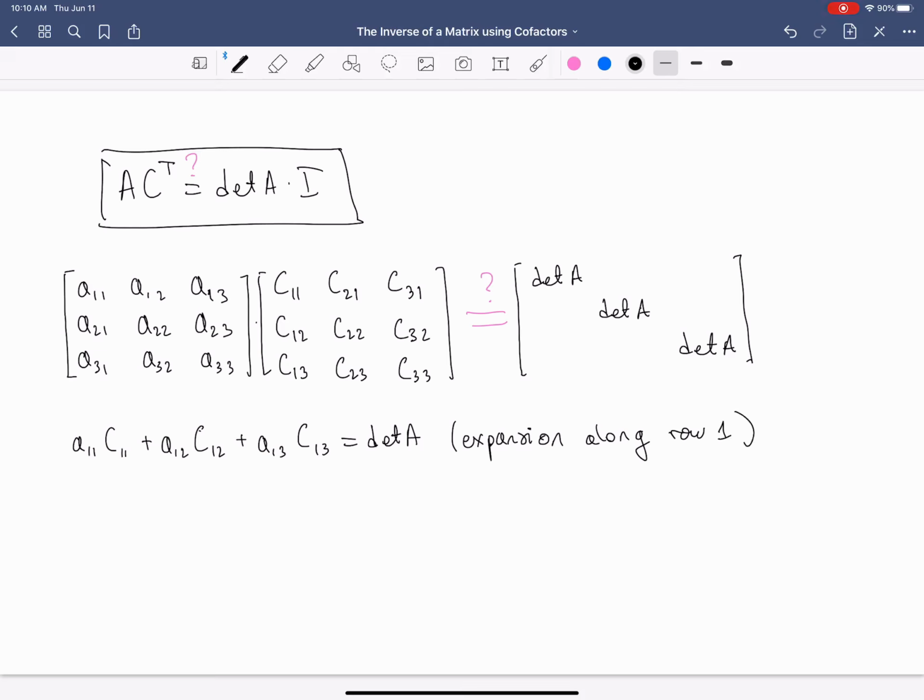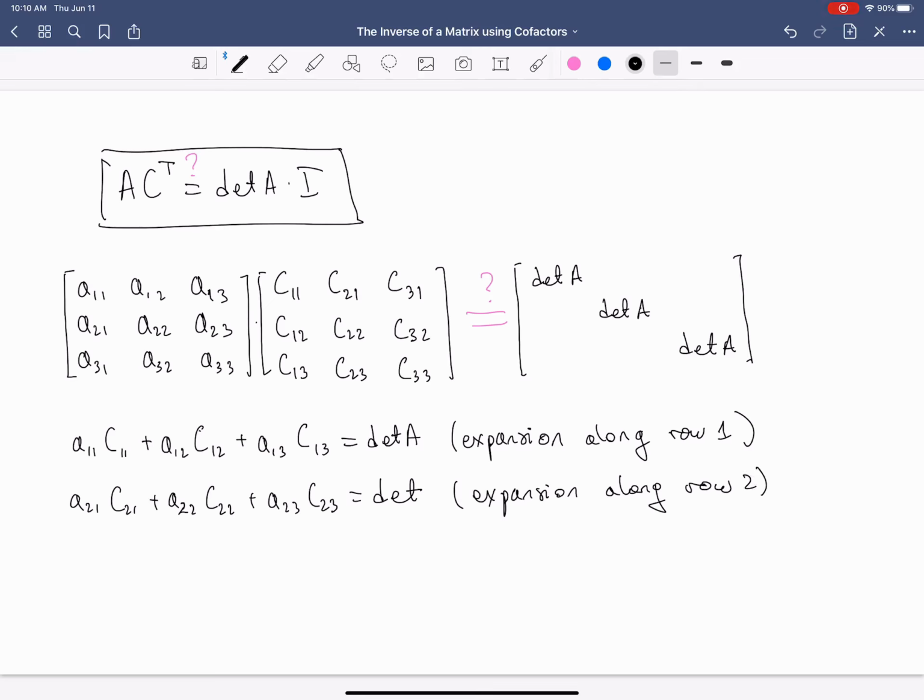row. Then if I look second row times second column, I will have A21, C21 plus A22, C22 plus A23, C23, and that again equals the determinant of A. So this would be expansion along row 2.